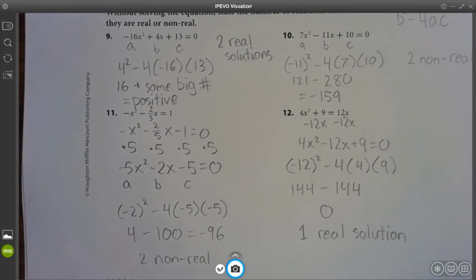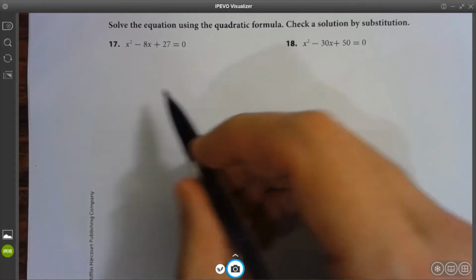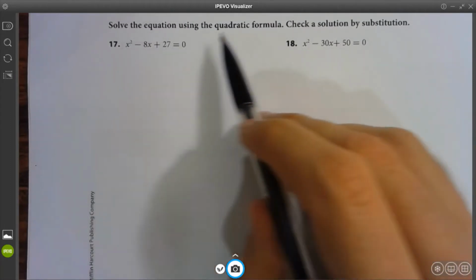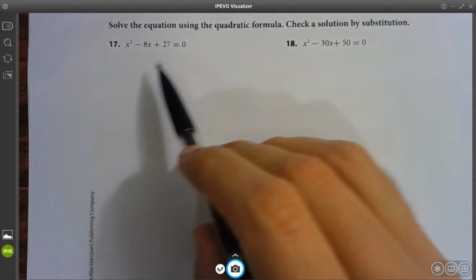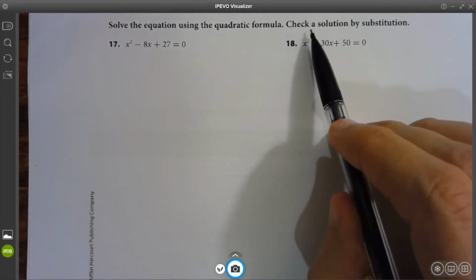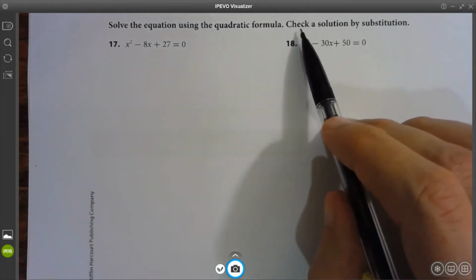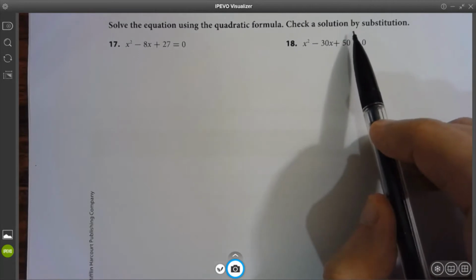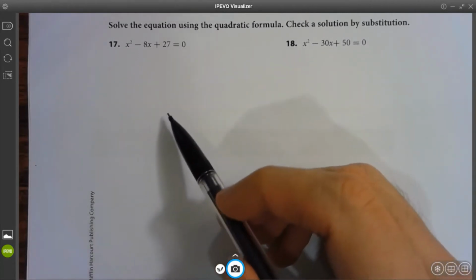Let's move on to the next page, where we're actually going to be working with the actual quadratic formula. On to page 149. These are the problems we have. Solve the equation using the quadratic formula. Not too bad. However, the thing that's going to ruin your day: check a solution by substitution. So we have to do the quadratic formula, no problem.